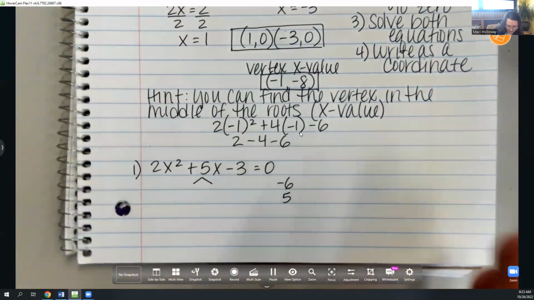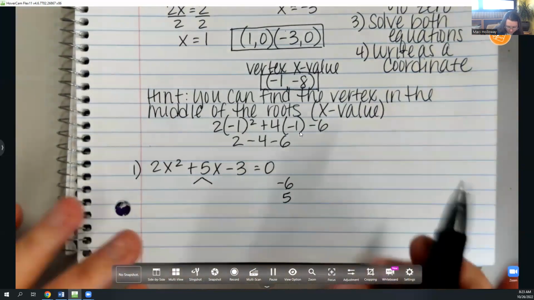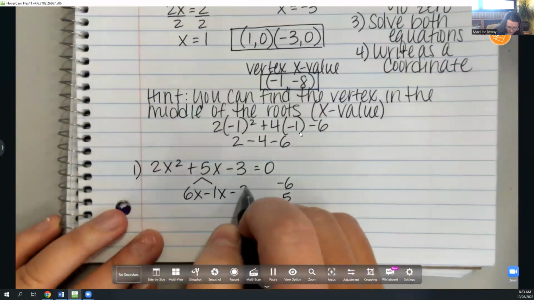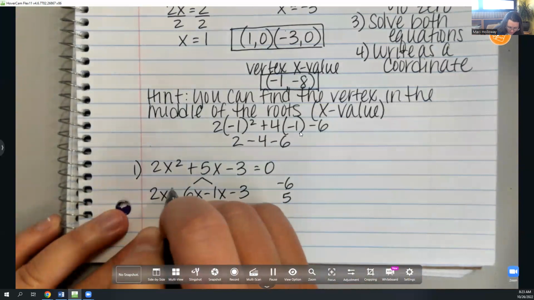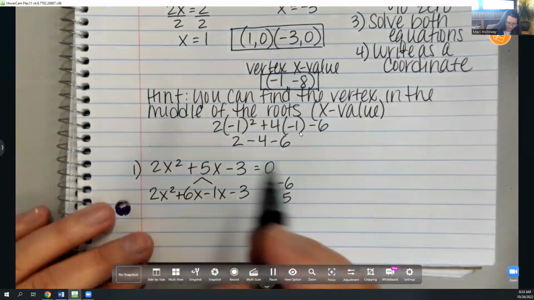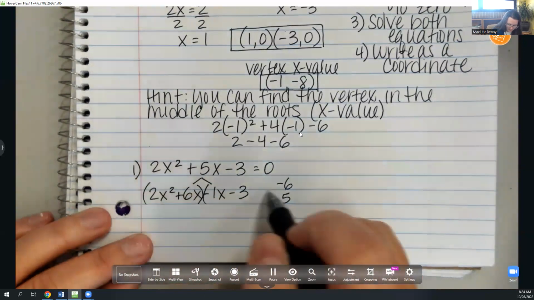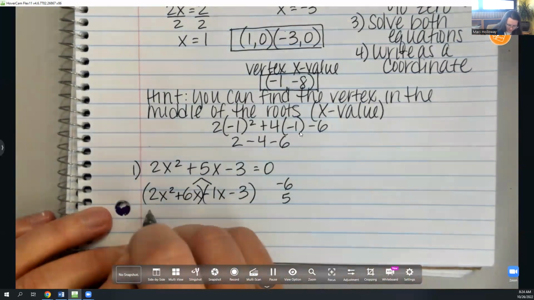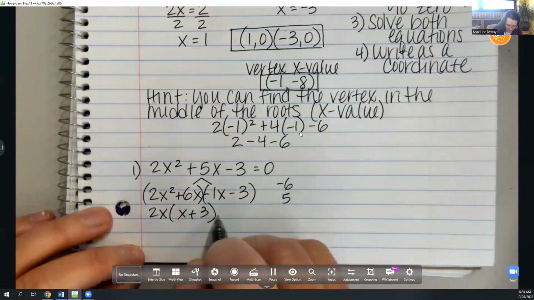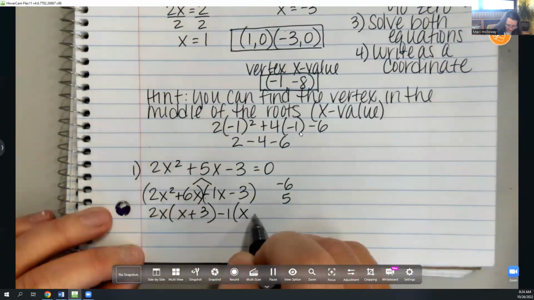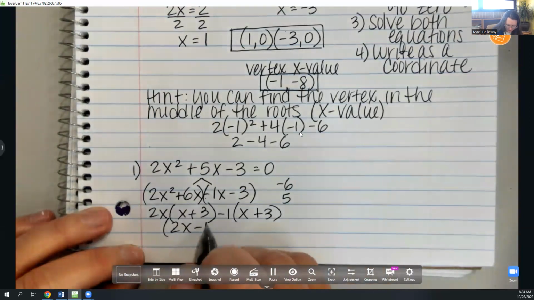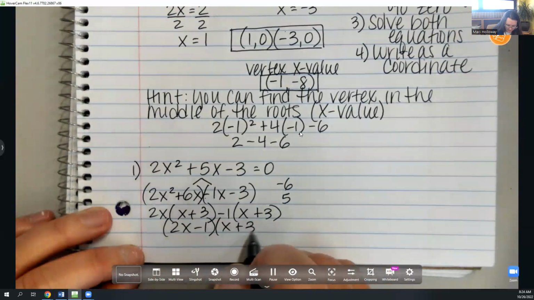So I'm going to say positive 6x and negative 1x. And it doesn't matter which order you put it in. You could do the negative 1 first and then the 6. It's up to you. So we can factor out a 2x here, and we have x plus 3. And we can factor out a negative 1. Look at all these negatives that we have to pull out. This is great. And x plus 3. So we have 2x minus 1 and x plus 3.